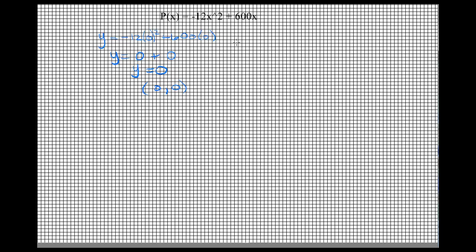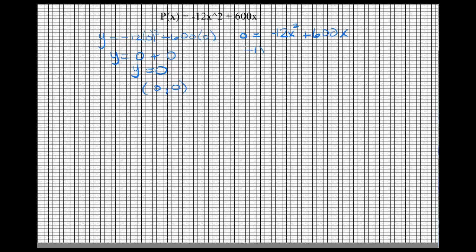Now let's find our x-intercepts. To find our x-intercepts, we substitute 0 for y and then solve for x. At this point, let's multiply our whole equation, both sides, by minus 1, so we can have this first term be positive.